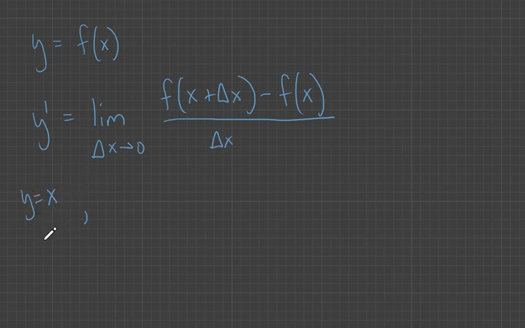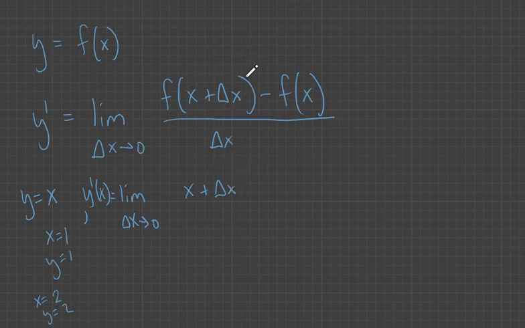Since when y equals x, whatever you put in is what you get out. Like if x, for example, equals 1, then y would equal 1. If x equals 2, then y equals 2. So following that line of reasoning, we can say that the derivative of x is equal to the limit as delta x goes to 0 of x plus delta x.